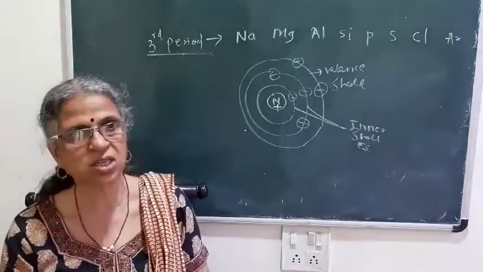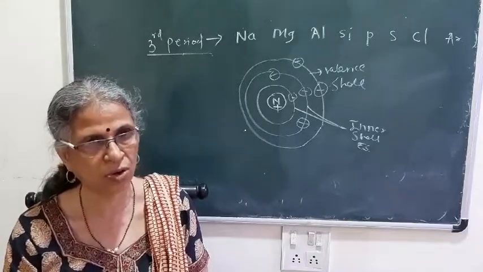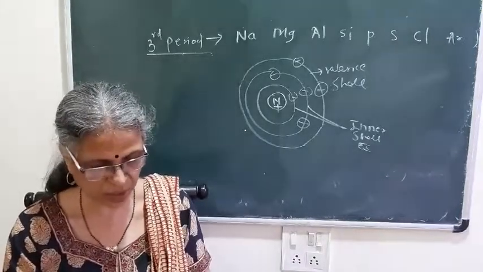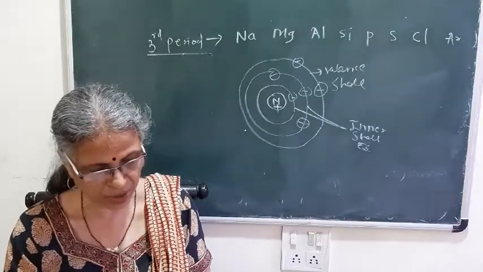This tendency is known as electropositivity or metallic character. Followed? So that is how electropositivity or the metallic character of an element is defined.